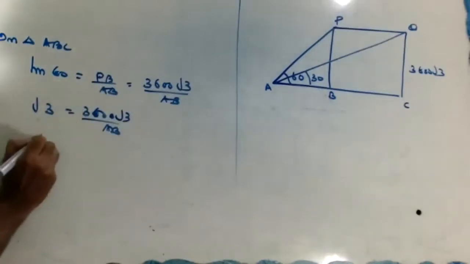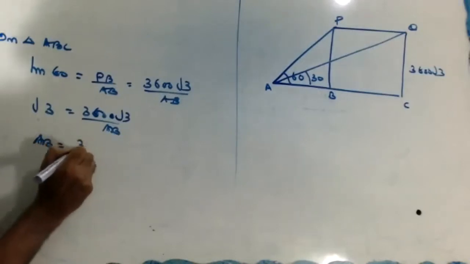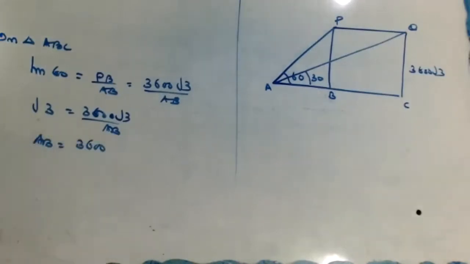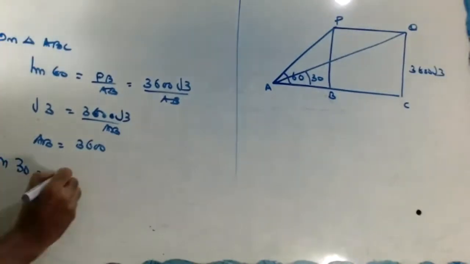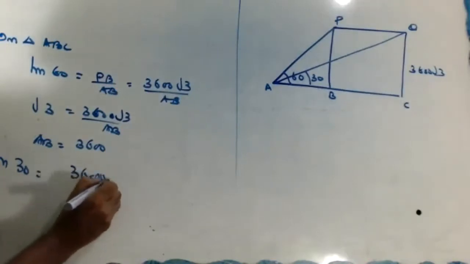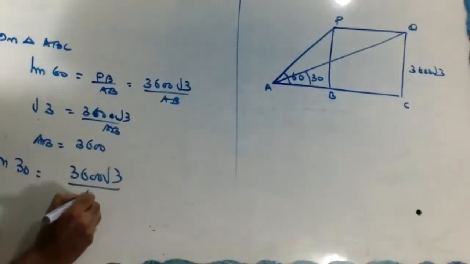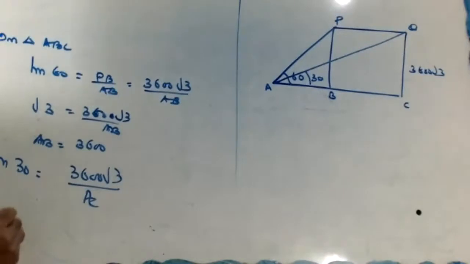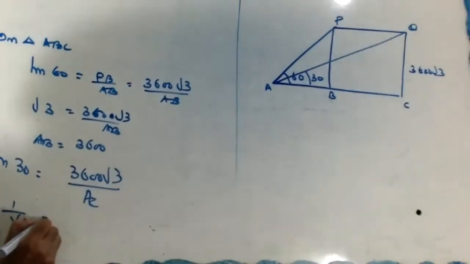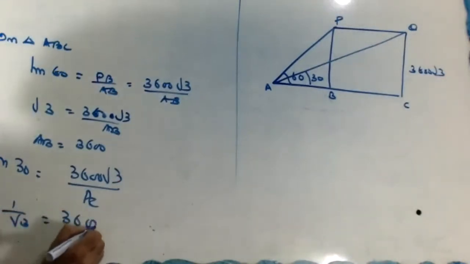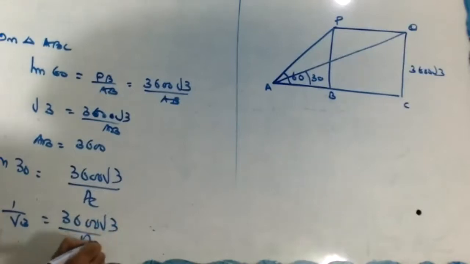Root 3 cancel. AB equal to 3600. Then tan 30, 3600 root 3 by AC. Okay, that is 1 by root 3 equal to 3600 root 3 by AC.